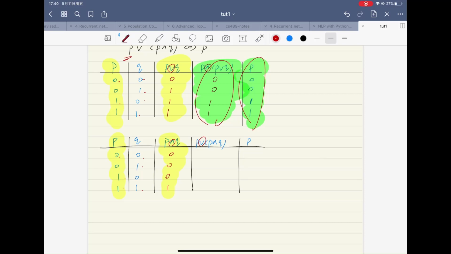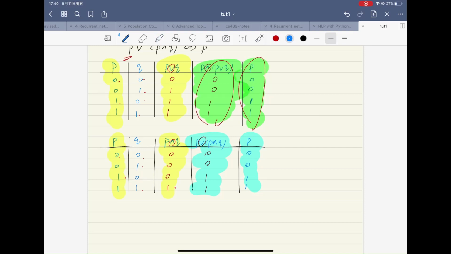So we are looking for the true, right? So true, true, then we have true, true, but false, false. Where's P? Write the P again, 0, 0, 1, 1. Compare this column and this column.